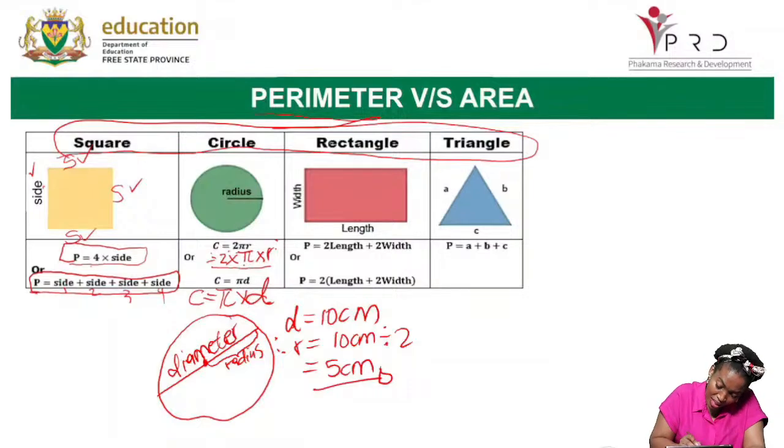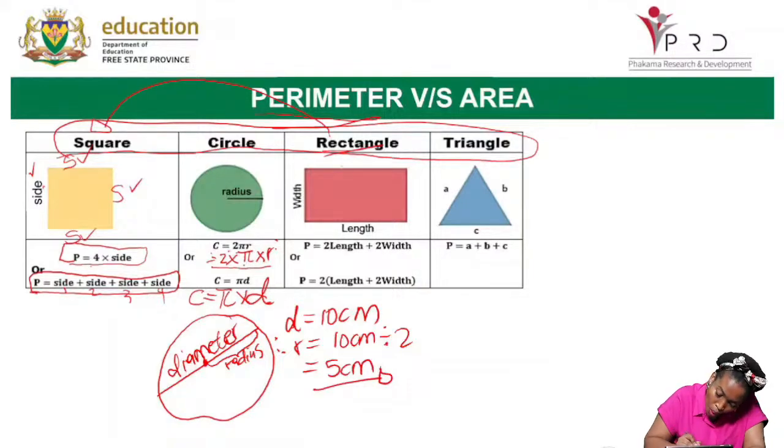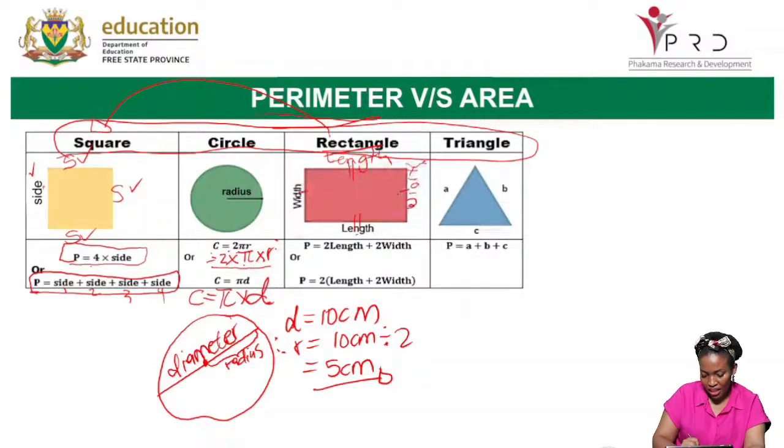And then the perimeter of a rectangle, you apply the same principle that you applied when you were calculating the perimeter of a square. The only difference is that with the square, all 4 sides are equal, but with a rectangle, only the opposite sides will be equal. Opposite means those sides that are facing each other. So this is the length. This will also be the length. And then the width, this side will also be equal to this, meaning that this is also the width of your rectangle.